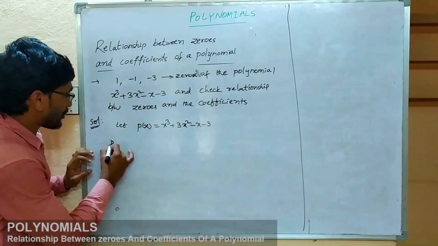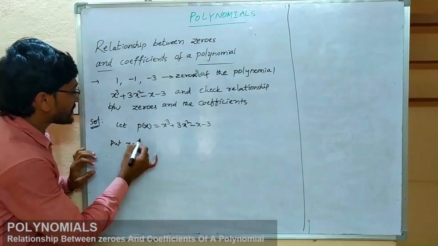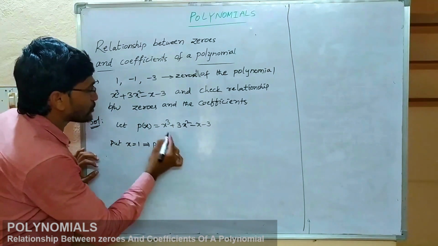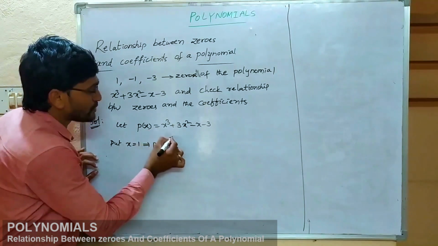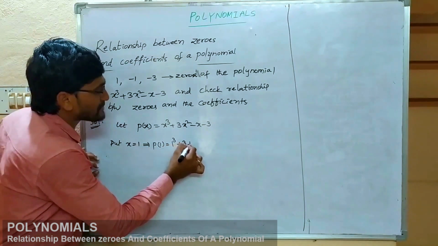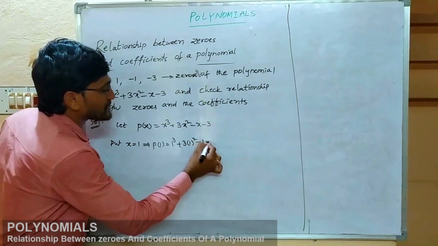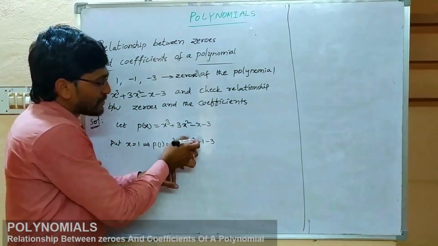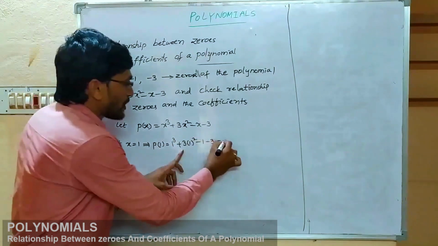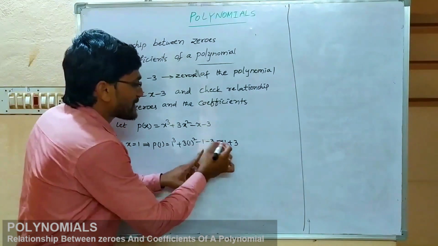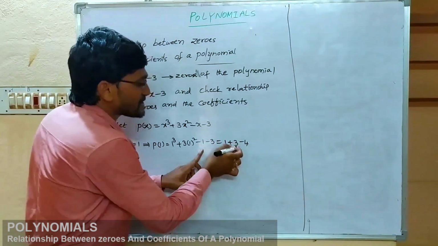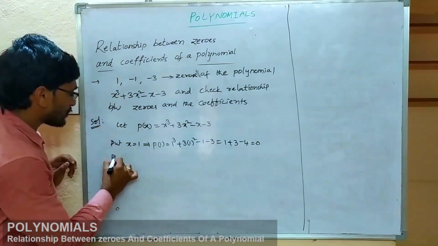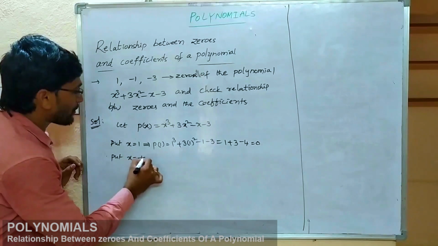First put x is equal to 1. This implies p of 1 is equal to 1 cube plus 3 into 1 square minus 1 minus 3. 1 cube is 1, plus 3 into 1 square is 3. 1 plus 3 minus 1 minus 3: 1 plus 3 is 4, 4 minus 4 is 0. Next, put x is equal to minus 1.